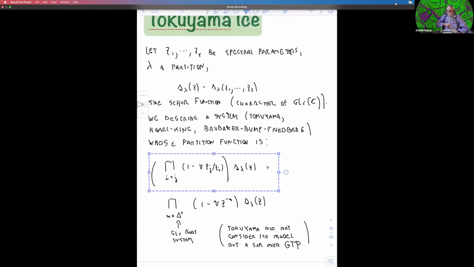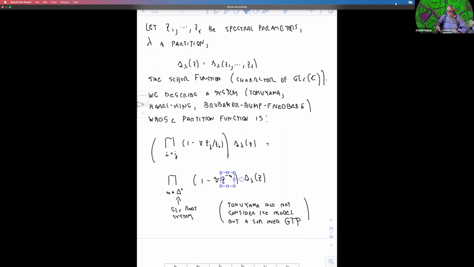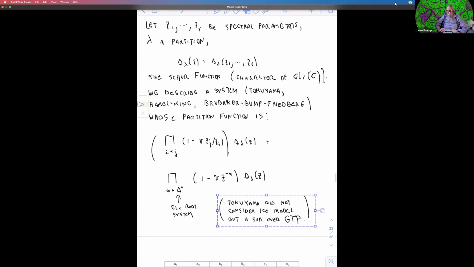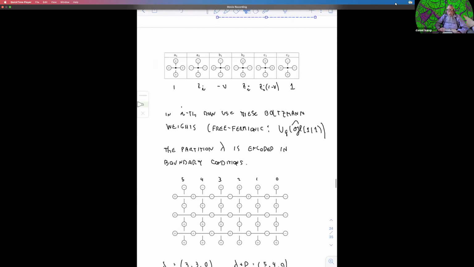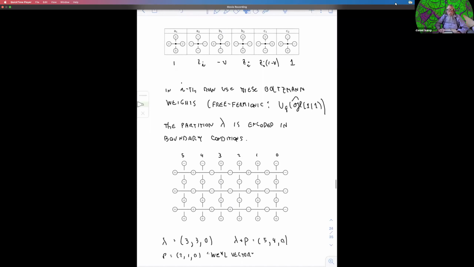So if you think of this in Lie theoretic terms, this is a product over the positive roots of GL(r). Tokuyama himself didn't consider the ice model, but he considered an equivalent algebraic setup in which he had a deformation of the Weyl character formula in which this value was expressed as a sum over Gelfand-Tsetlin patterns, and those can be related to this setup.